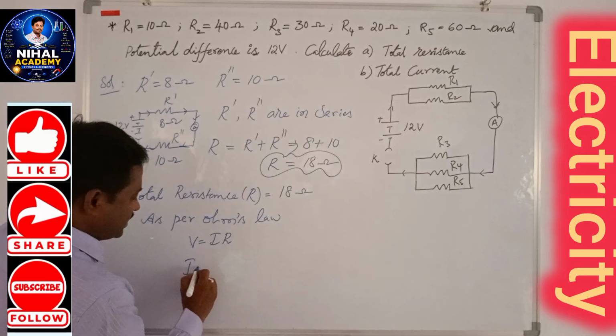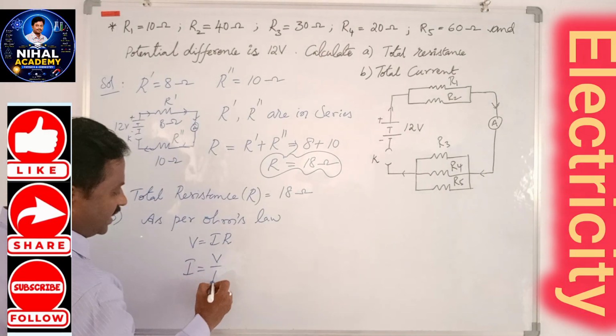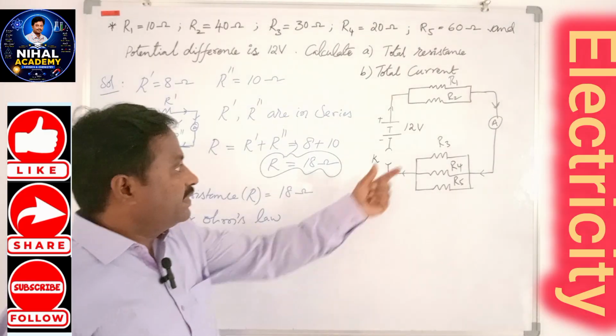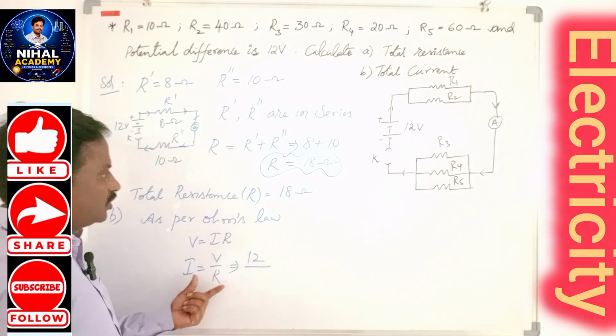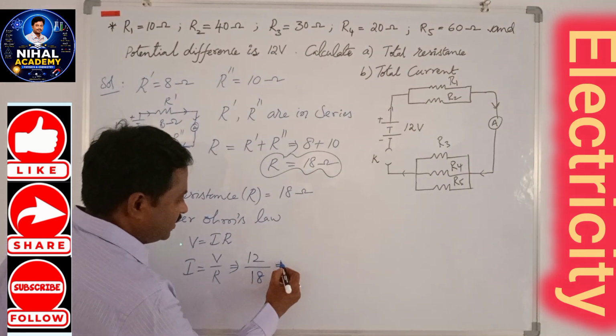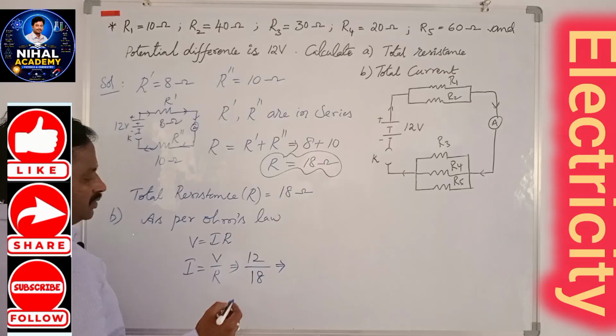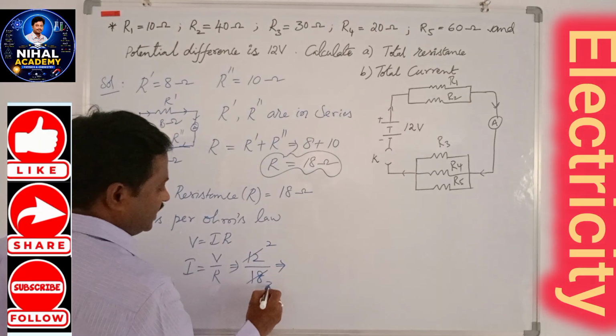So from this, I is equal to, how can you write? The multiple on one side goes to the other side as divisible. So V by R. Here V value is given, that is 12 volt. So we take 12 by the total resistance, which is 18. So 12 by 18. 6 2 times and 6 3 times.